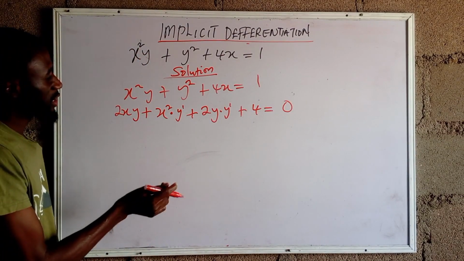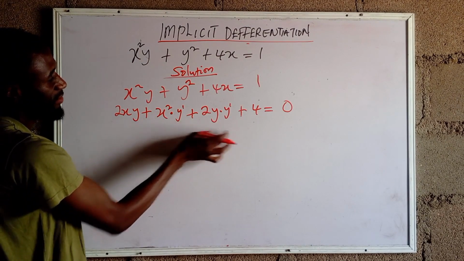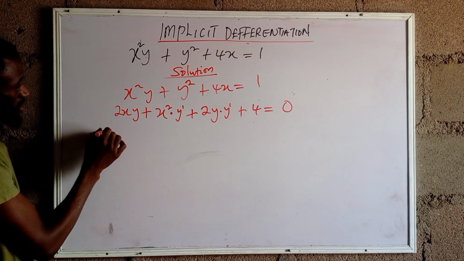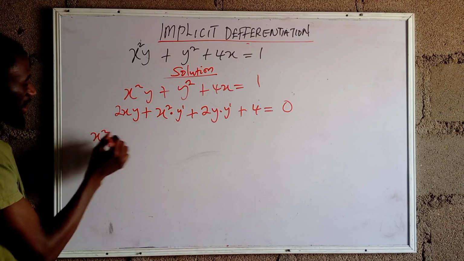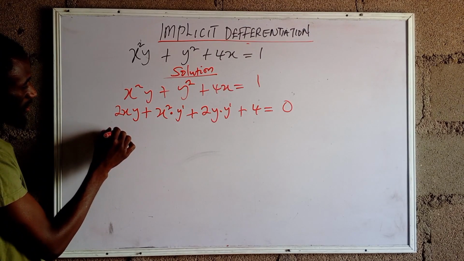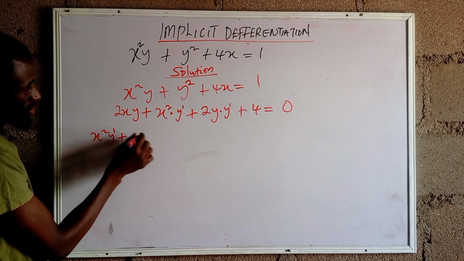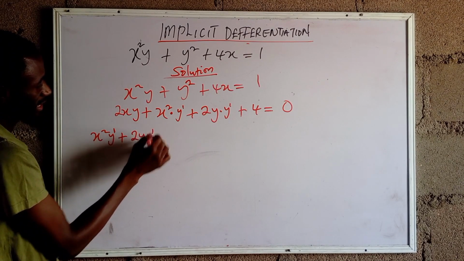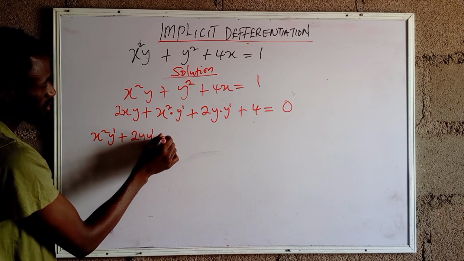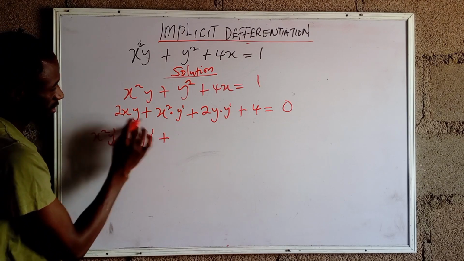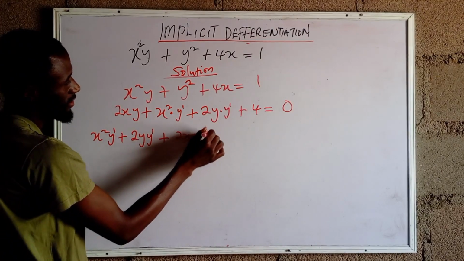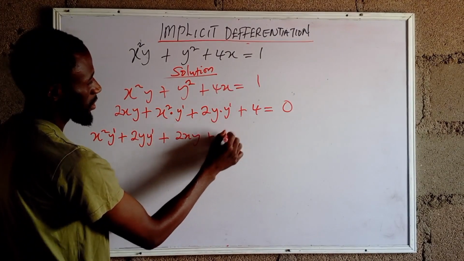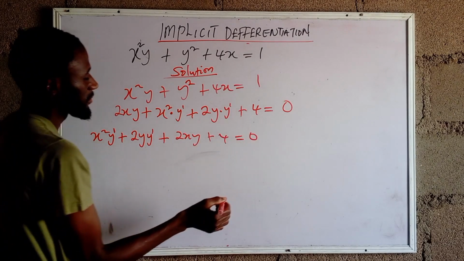Then you collect the like terms, those having y prime, in one place. We have x squared y prime plus 2y y prime plus 2xy plus 4 equals 0.